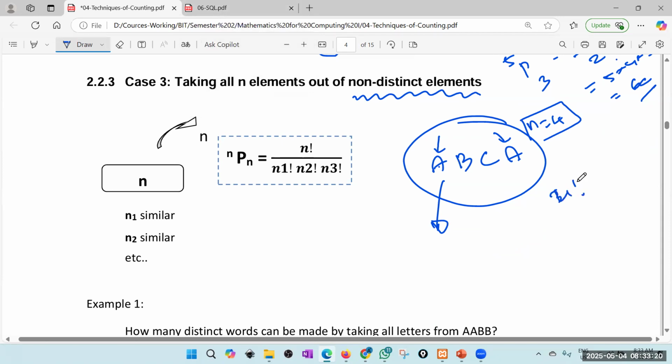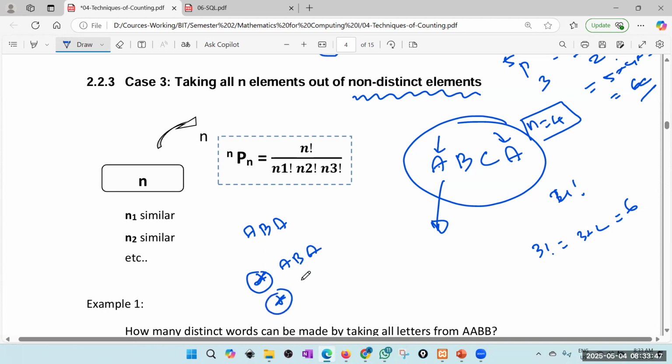For example, let's say I have 3 elements, A, B, and A. 2 elements are the same. If this is A, B, C, how many ways can we do? Factorial 3, that is 3 into 2, 6. But this time, it is not going to be 6. Why? Let's arrange them. A, A, B is one way.